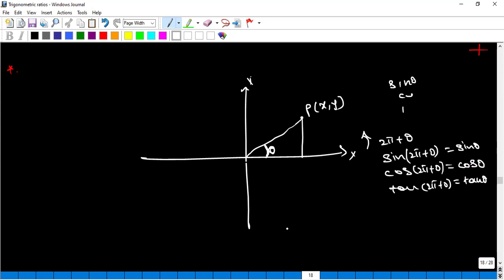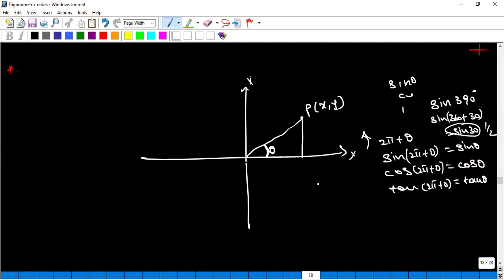Hope this is clear. Like suppose you want to find sine 390 degrees. Sine 390 is nothing but sine 360 plus 30, which is nothing but sine 30. You know already sine 30 is 1 by 2. Like this we will find out.